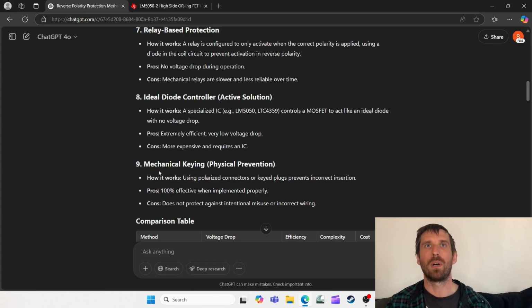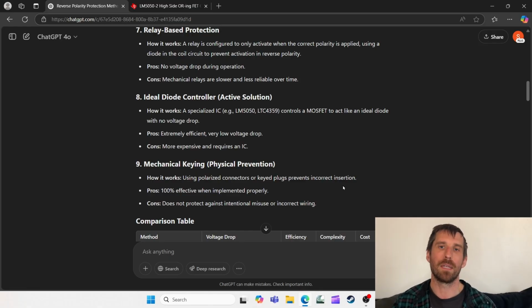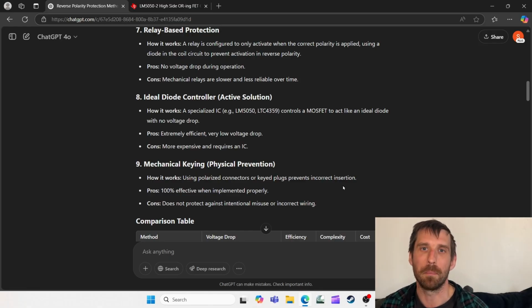Now, last one, and they should have put it first. Using polarized connectors or keyed plugs prevents incorrect insertion. Pros: 100% effective when implemented properly. True and true. I mean, if you can't physically connect it backwards, then you don't need any reverse polarity circuitry.